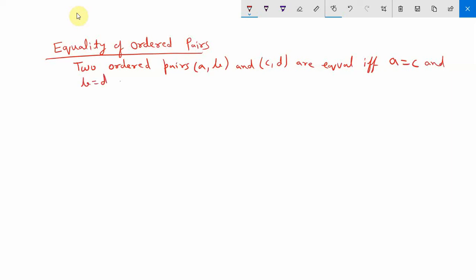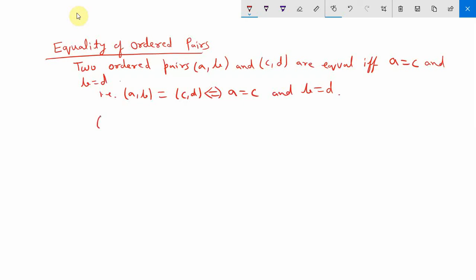Okay, that is we can write (a, b) equal to (c, d) if and only if a equal to c and b equal to d.